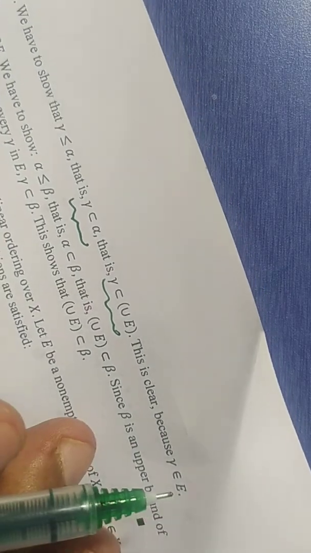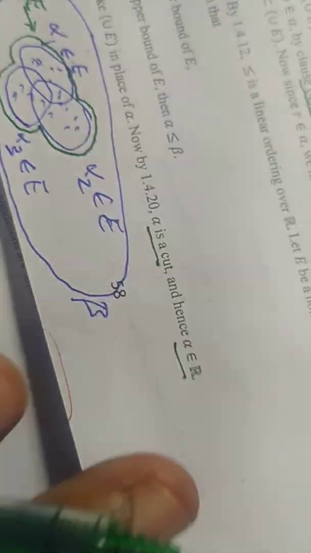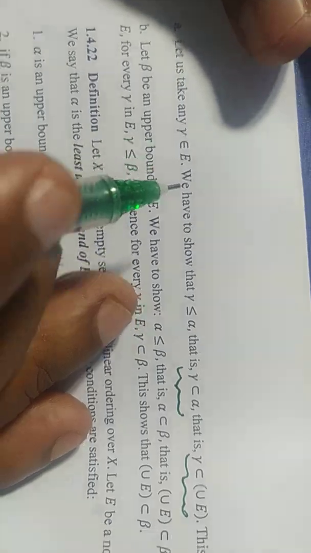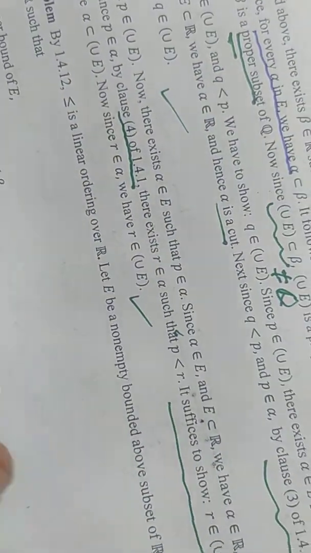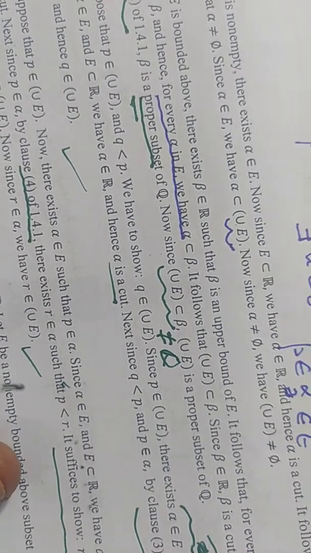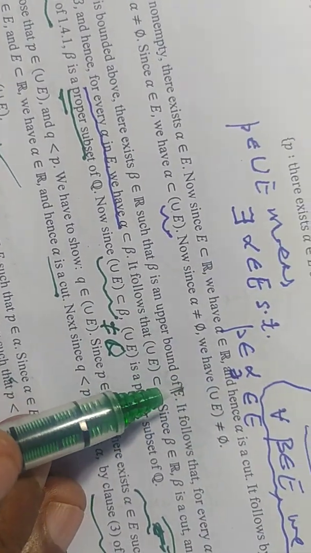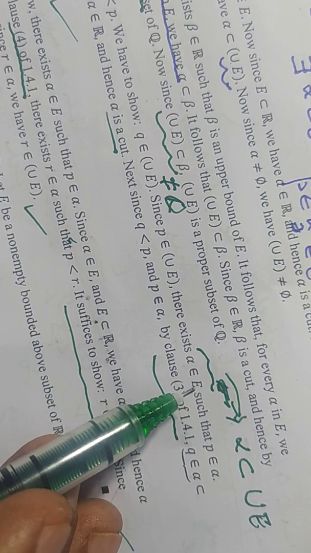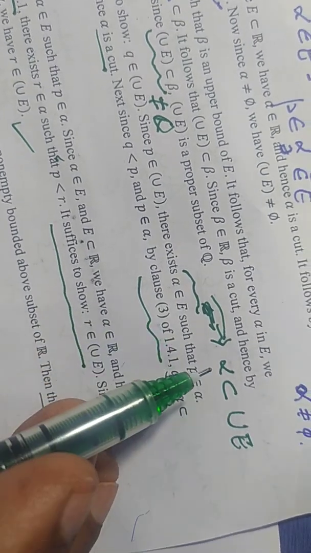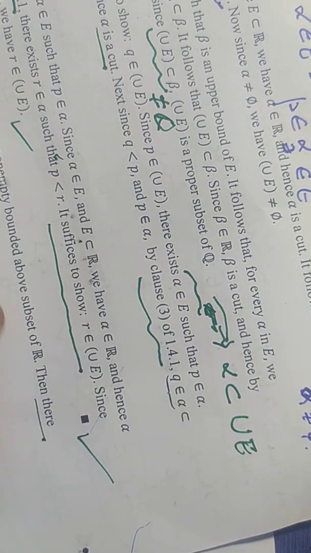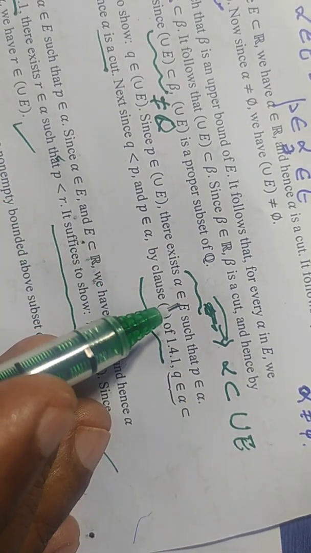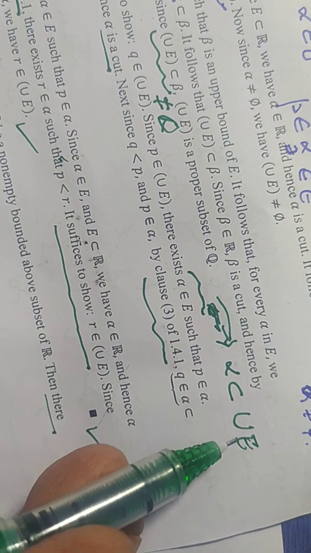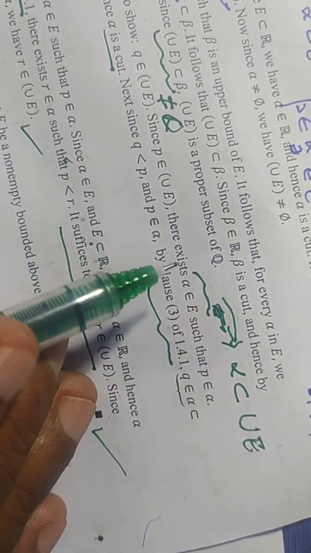Because gamma belongs to E. In our earlier discussion of the theorem, we have shown that if anything is a member of E, then we can directly write that it is a subset of union of E. If anything is a member of E, then union of E contains that thing.